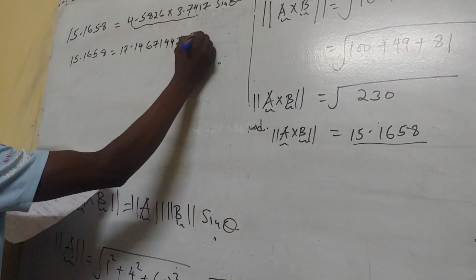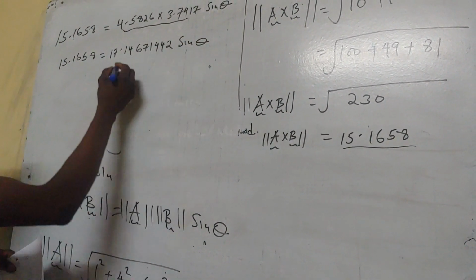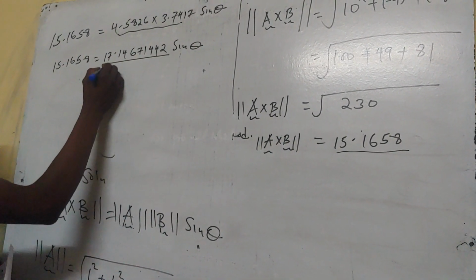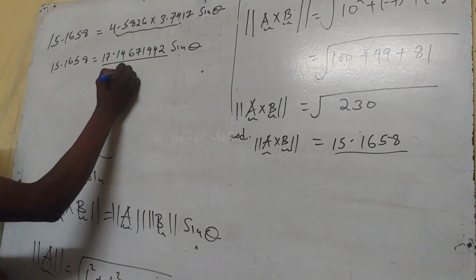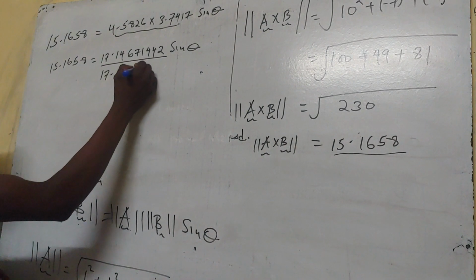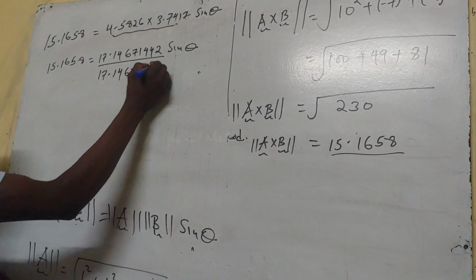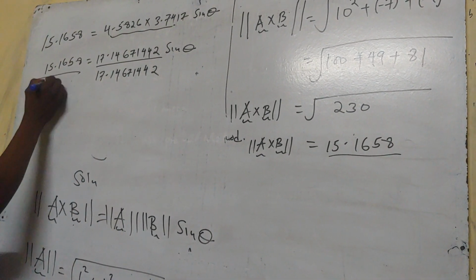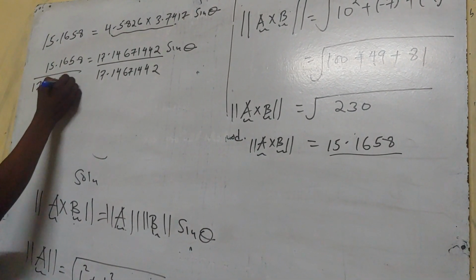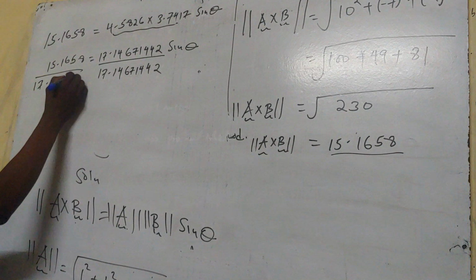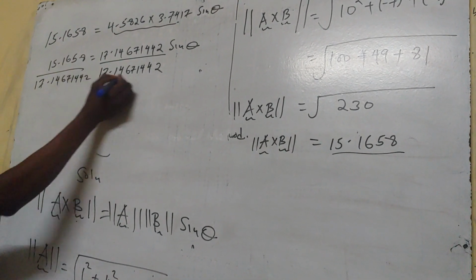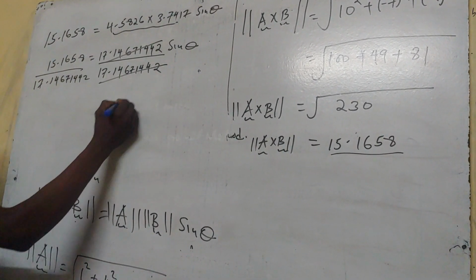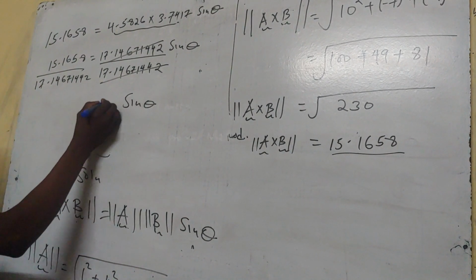17.1467142 sine theta. Because we want the angle, we divide both sides of the equation by 17.1467142. This cancels the other side, and we remain with sine theta.